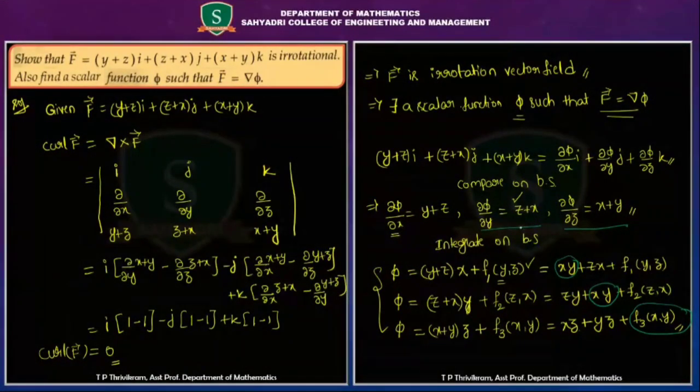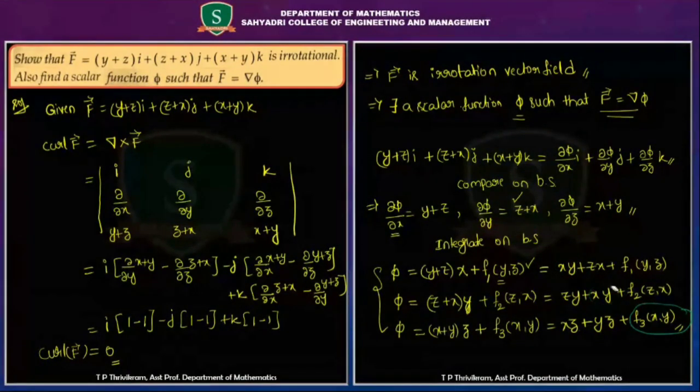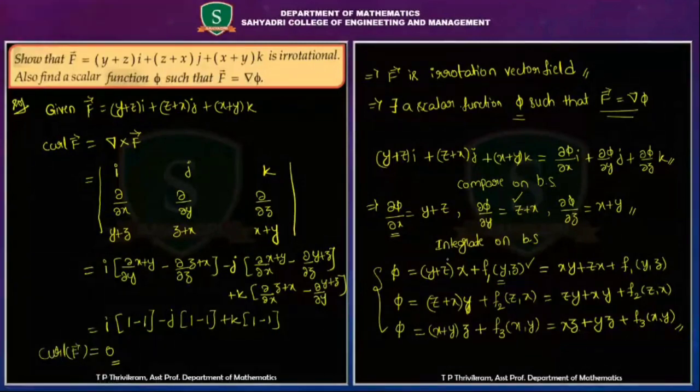Sir, the last part once again, after integrating? After integration, we simplified it. Once we simplified it, we got integrating constants. To get the unique phi value, we need to find function yz, function zx, function xy.